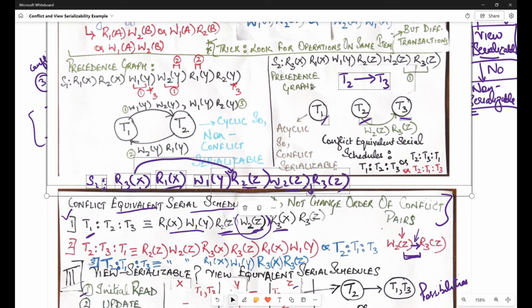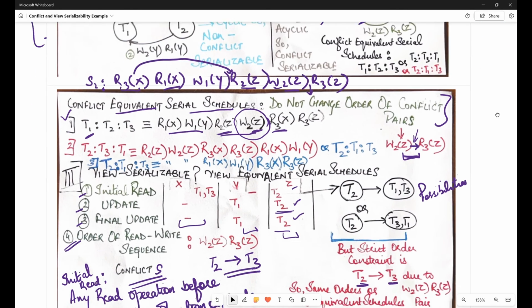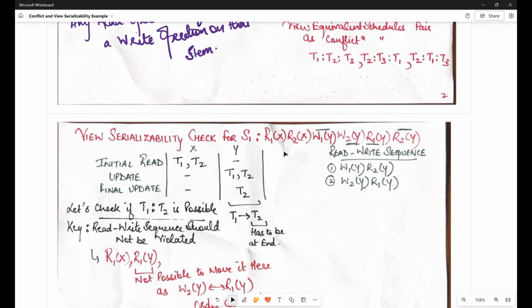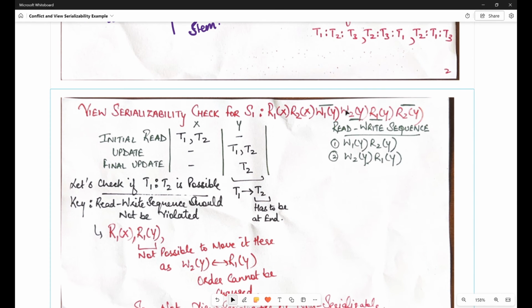Because it is not a read-write sequence, it is write-write, so we don't need to take care of write-write. Therefore we have only 2 read-write conflict pairs, which we have written over here. Okay, so everything is fine. Let's come back here. These are the read-write sequences we need to take care of. I've also marked them over here, as you can see: write, read, write, read.